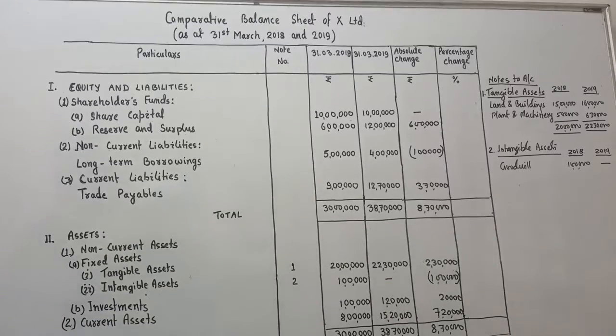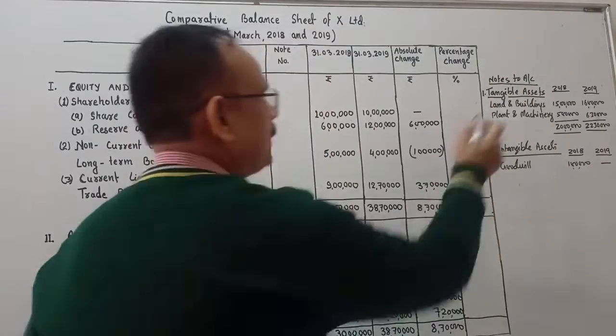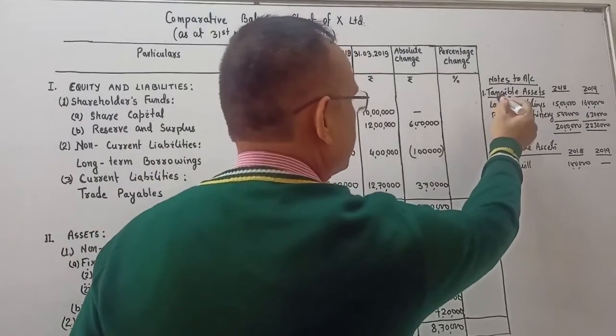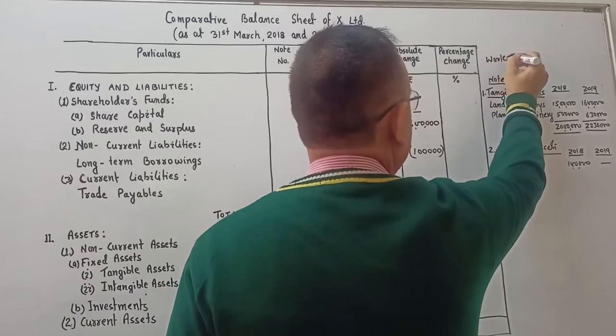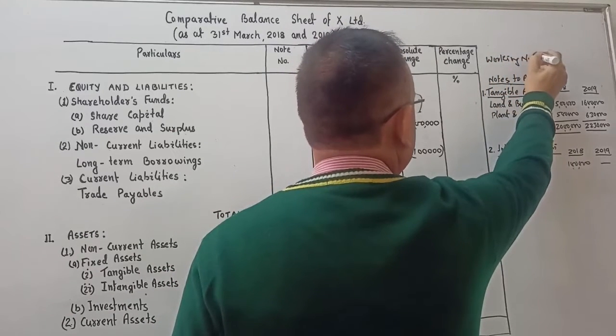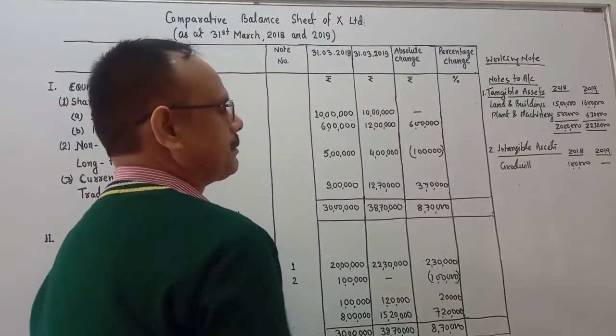So this one is clear. Note to account is clear. We have to present the note to account in the working note. In the working note you have to reflect note number 1. This is a part of your answer.